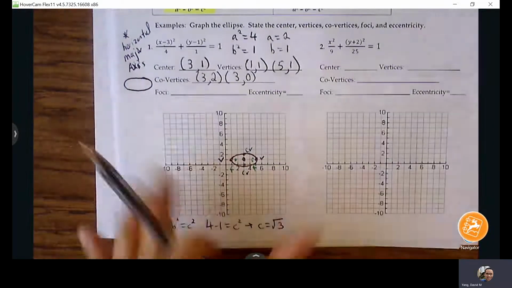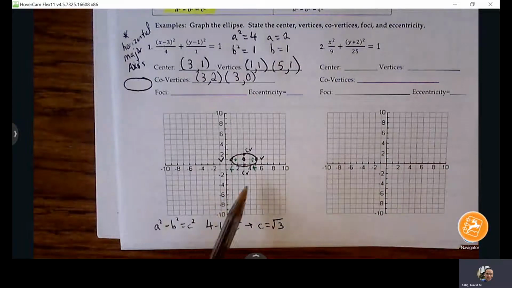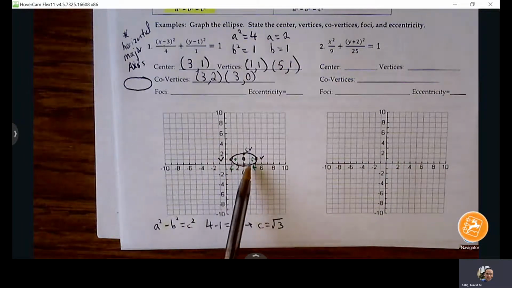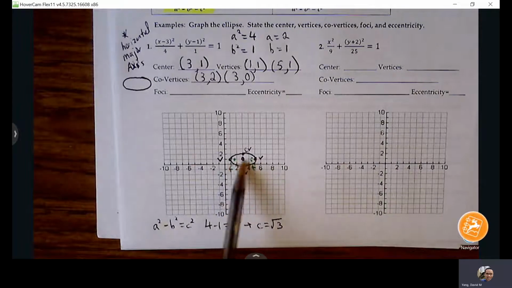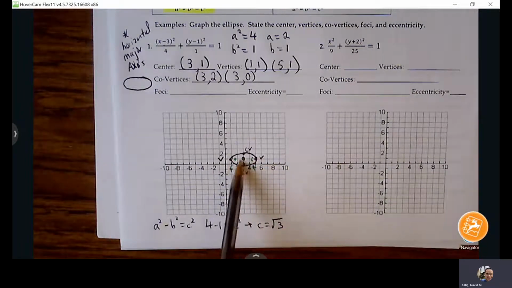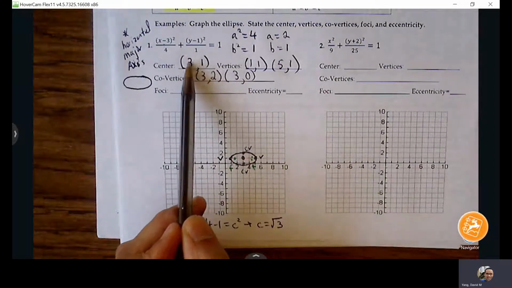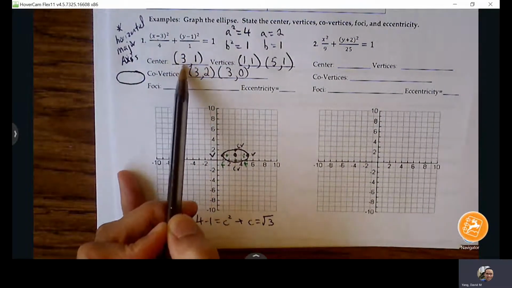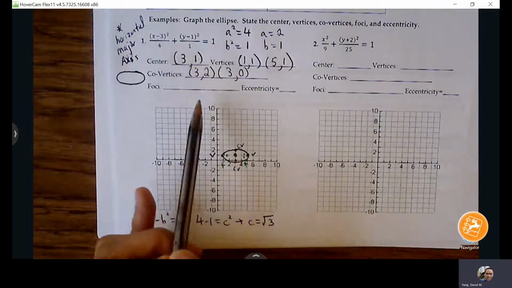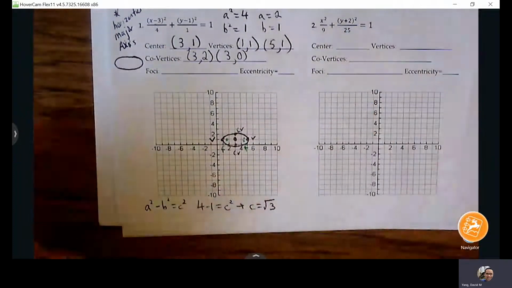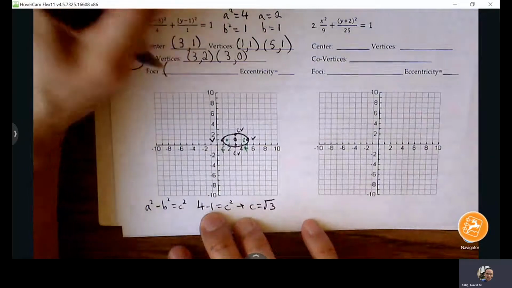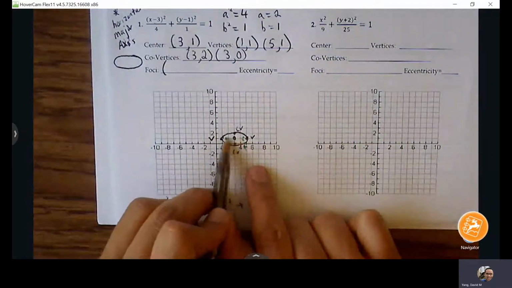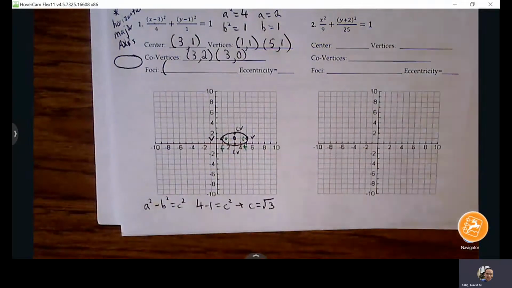Now, we're not going to find the exact decimal value. The way that you're going to do this is, you know that your foci are all going to have the same Y value of 1. It's just that you are moving left and right of the center. So the way that we can represent that left and right movement without having to go through all the decimals is we just say we're taking 3 and doing plus or minus root 3 to move left and right.